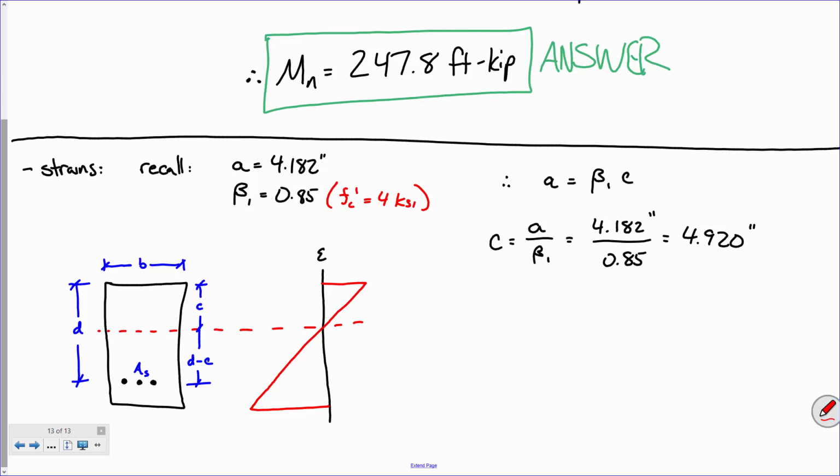So if you want a more analytical definition of the difference between a and c, a is the depth of your stress block. c is where the strain equals 0.